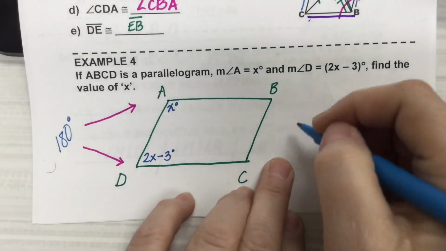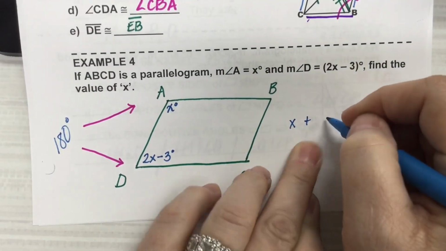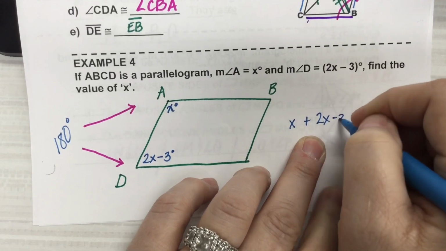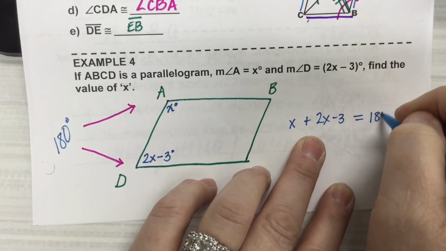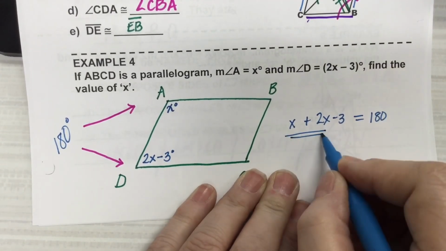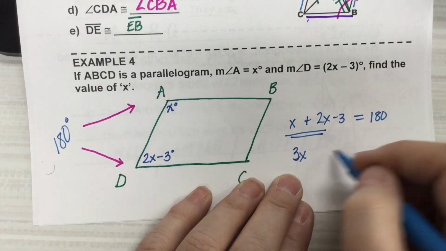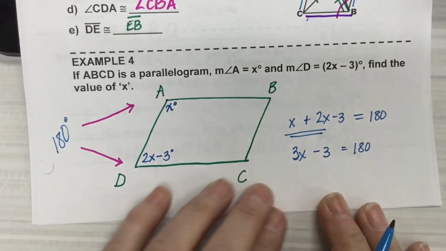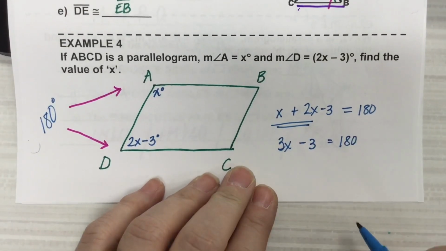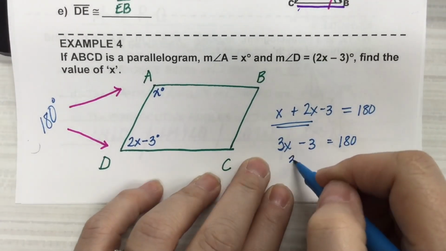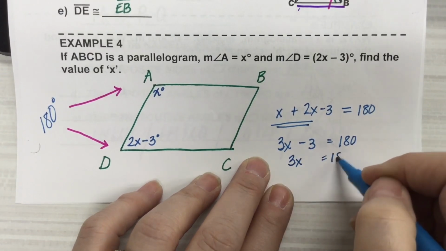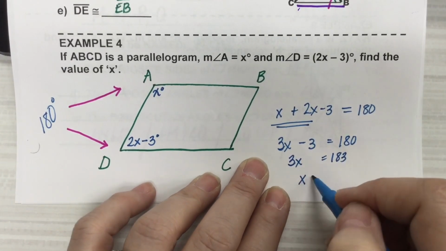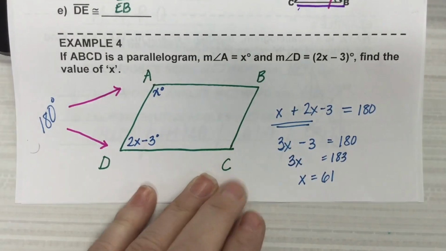So that means if I add x plus 2x minus 3, that should give me 180. So I should have 3x minus 3 equals 180. So if I add 3, I get 183, and then if I divide by 3, that should be 61 for x.